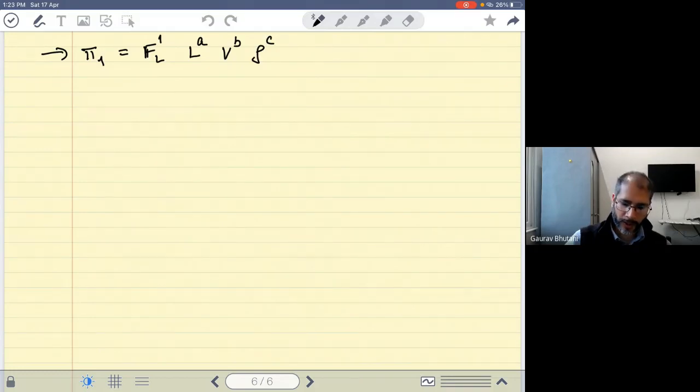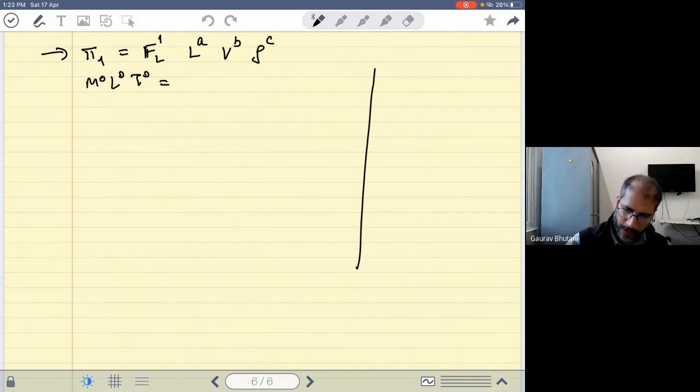They're like bases. So we now want to write FL in terms of L, V, and rho dimensionally, so that pi1 becomes non-dimensional. Okay, so pi1 is non-dimensional. So from the principle of dimensional homogeneity, this is M0, L0, T0, and the dimensions of F.